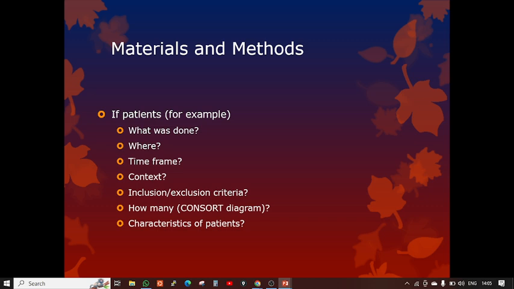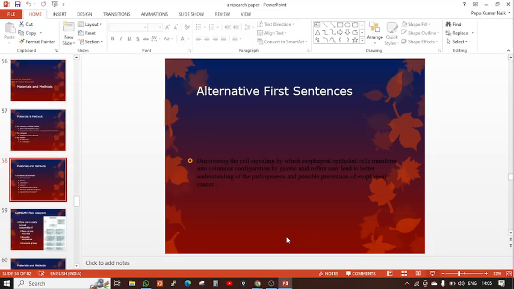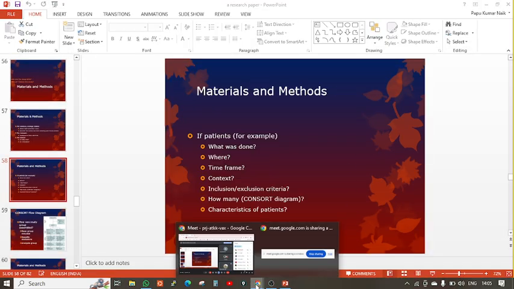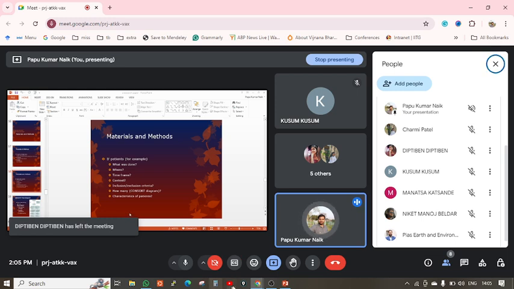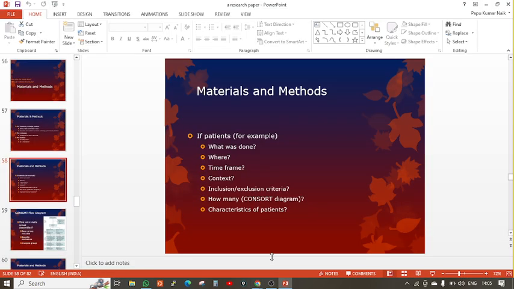For example, if you are writing about patients for a particular conclusion of your research paper, you have to focus on what was done, where it was done, the time frame, the context, the inclusions, the exclusions, how many diagrams there are, concept diagrams, and characteristics of the patients.